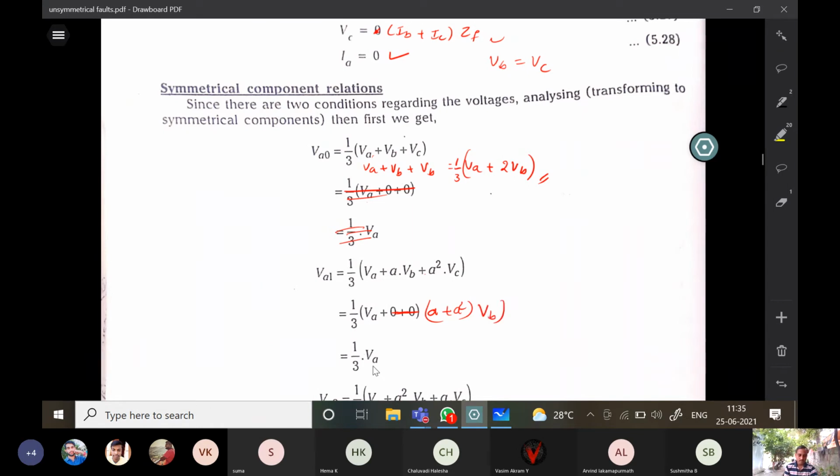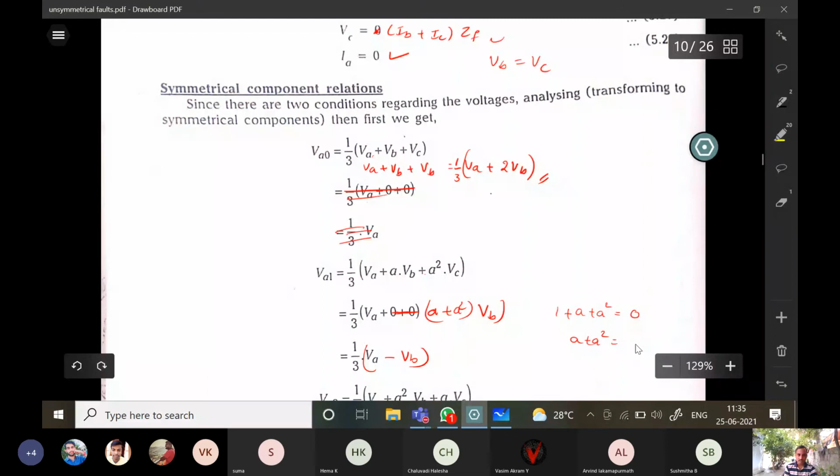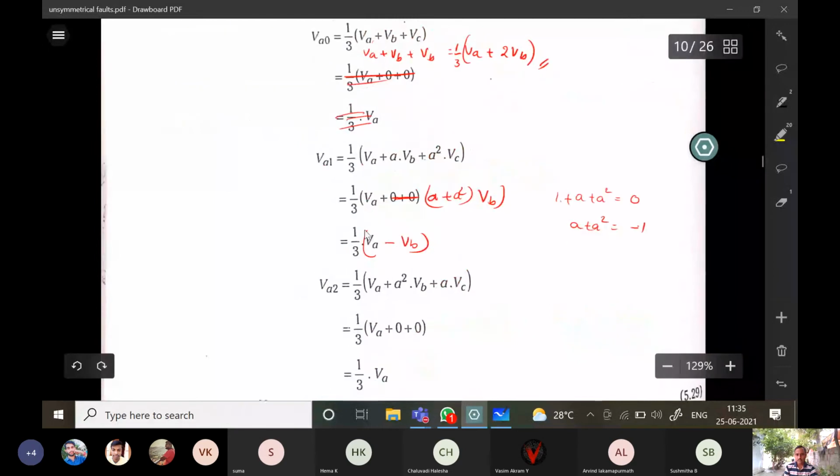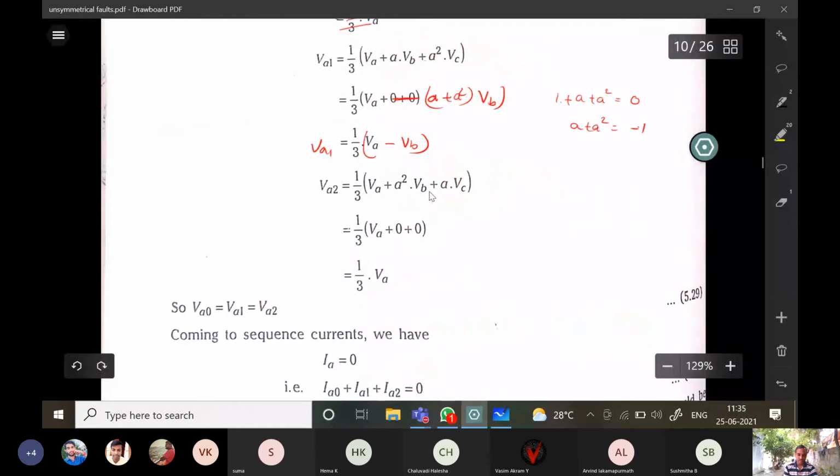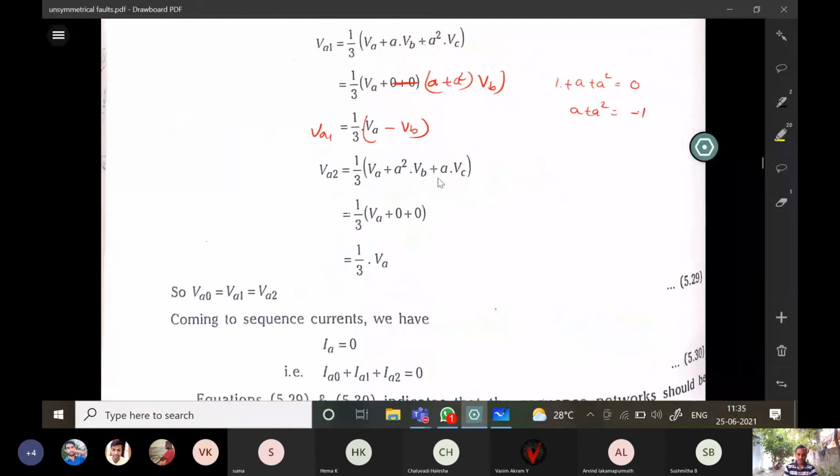So this becomes 1 by 3 into VA minus VB, because 1 plus a squared is equal to 0. So a plus a squared is equal to minus 1. So this becomes minus 1 into VB, which is minus VB. So this is equal to VA1.